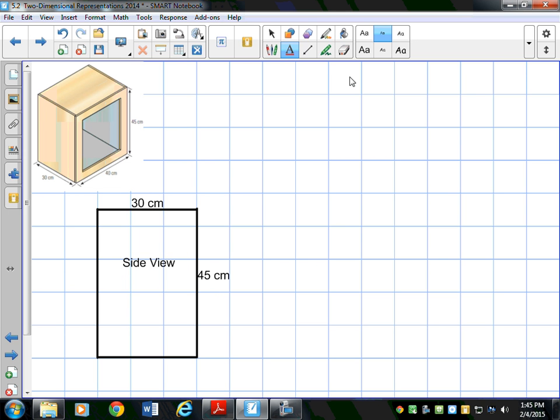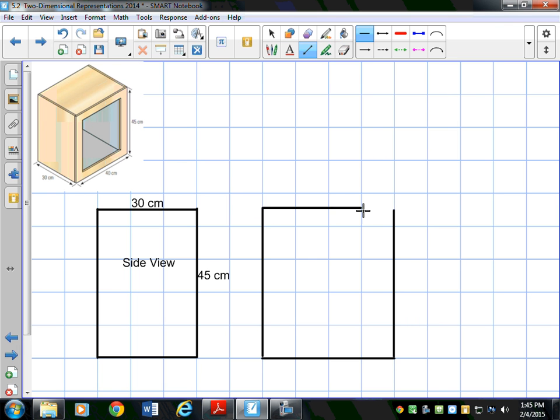So looking now at the front view of this cabinet, 40 centimeters would be 4 centimeters, or 4 blocks long, sorry. The height is going to be still 45, so I'm still looking at 4.5 tall. But then I've got that insert that is just kind of a frame. And how am I going to figure out that measurement? Well, it's 45 tall and 40 wide.